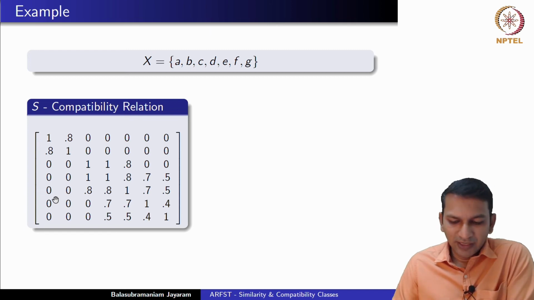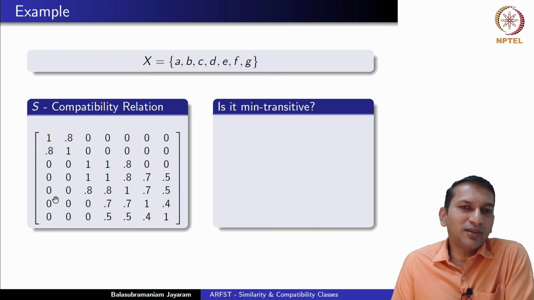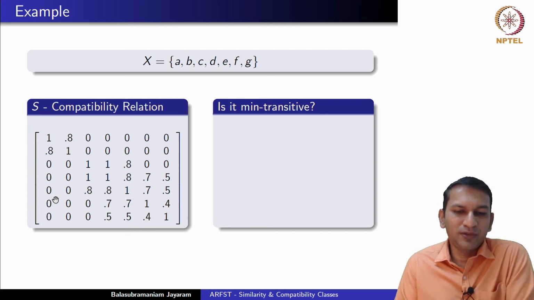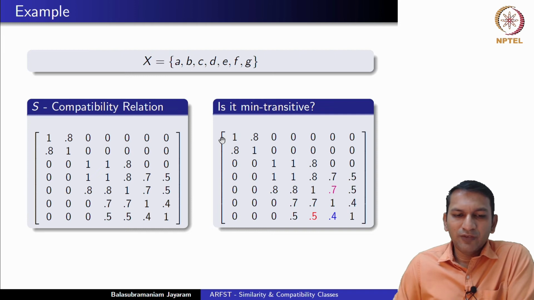But the question is, is it min transitive? Well, to prove transitivity is difficult. To prove it is not transitive, perhaps it's easier because we need to produce just one triple where the transitivity does not hold. Luckily enough, we are able to find such a triple here. Look at these values. So you have A, B, C, D, E, F, G here and A, B, C, D, E, F, G here.